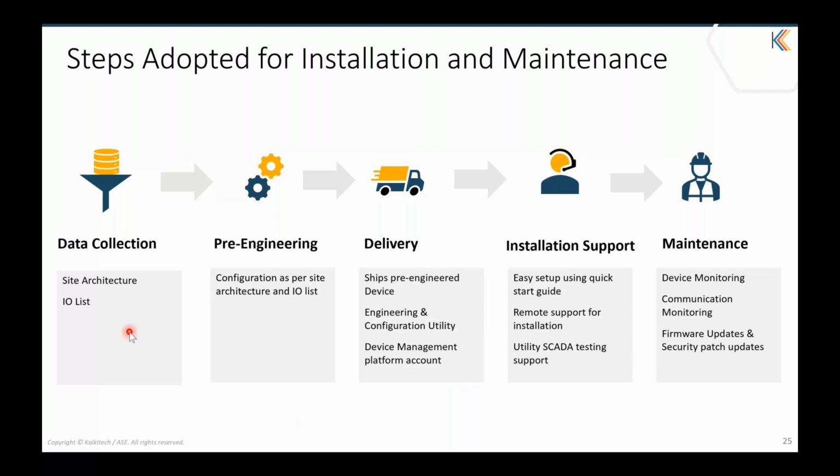So once the customer confirms the specific site details with the site architecture or SLD and the IO list of the devices, the pre-engineering team or operations team does all the configuration of the gateway as per the IO list and the SLD provided by the customer, and ships the pre-engineered device to the site with all the modems and SIM cards activated and ready to communicate with the utility systems.